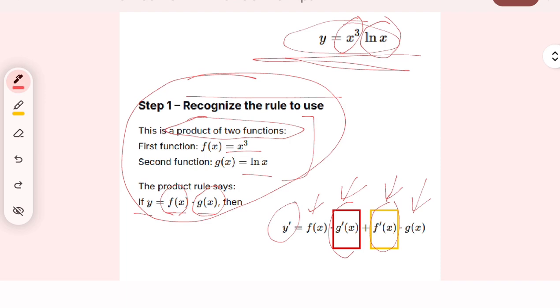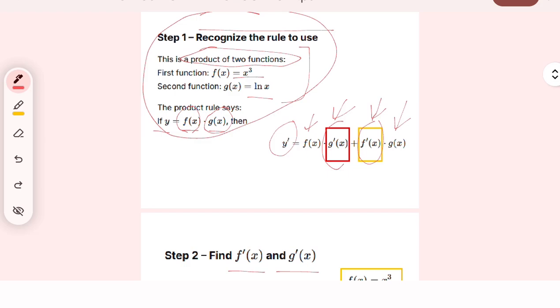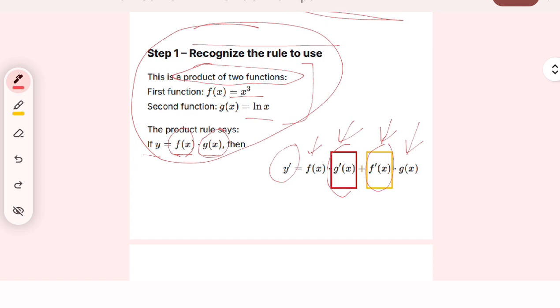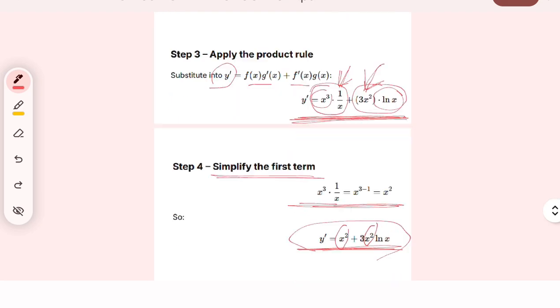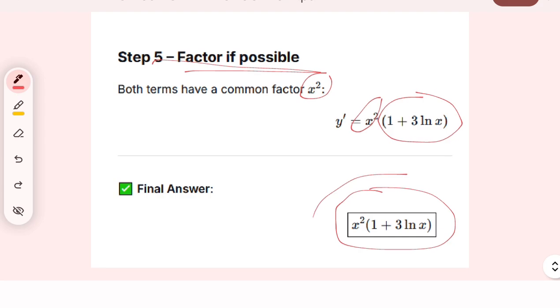Since there are two functions in there, we apply the product rule. We compute the derivative of the first function as well as the derivative of the second function. Once you have both derivatives, you substitute them back into the product rule equation and then simplify from there. Then the answer to our first problem would be something like this.